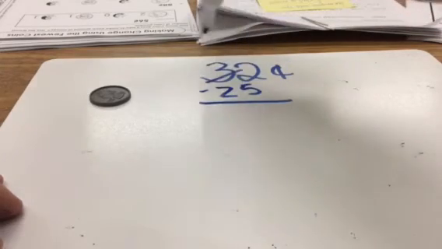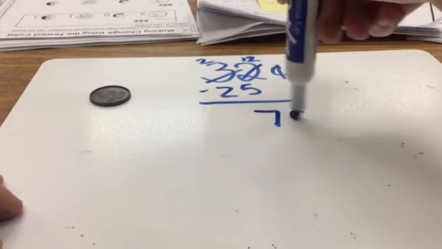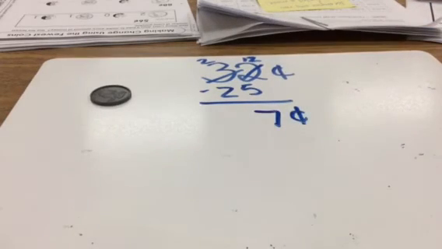So how much money do I still need to make after I use my quarter? I still need to make 7 cents. Can I use a quarter to make 7 cents? No, that's silly, because a quarter is 25. Can I use a dime? A dime is worth 10. No, because it's too much.